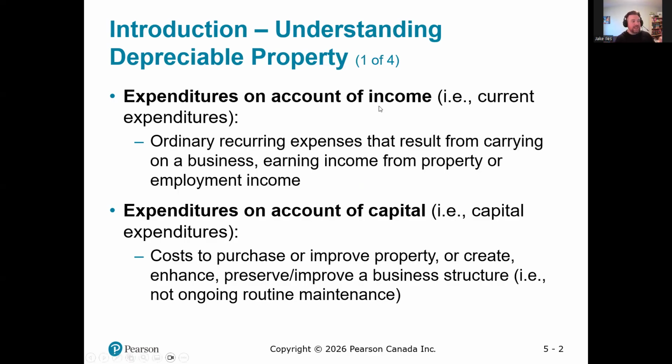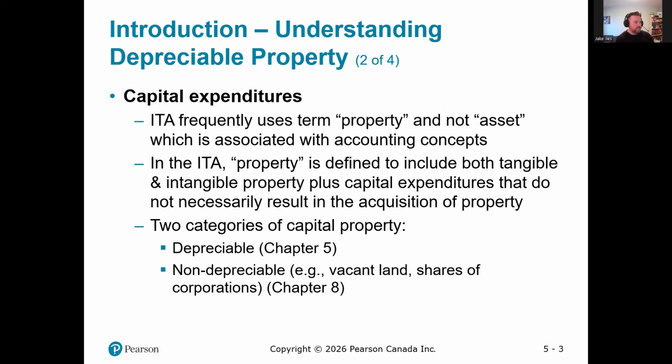So, on account of income, these expenditures are very short term, they're timely. We're expensing them as we use these items. But with an expenditure on a capital item, we gave a bunch of money at once. We bought an asset, and now that asset's going to be used up over time. So these are capital expenditures.